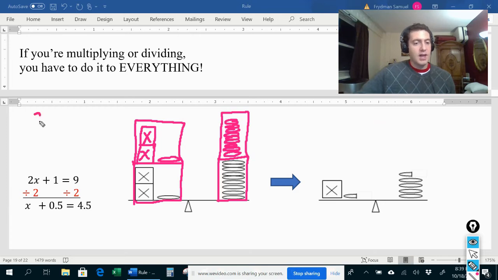If I start out again with my equation 2x plus 1 equals 9, and let's just say there's really no reason to multiply by 2 here, but let's just say that I wanted to do that anyway. If I multiplied this side by 2, so I get 18 on this side, just like I have over here, then I would need to multiply every single thing on this side also by 2.